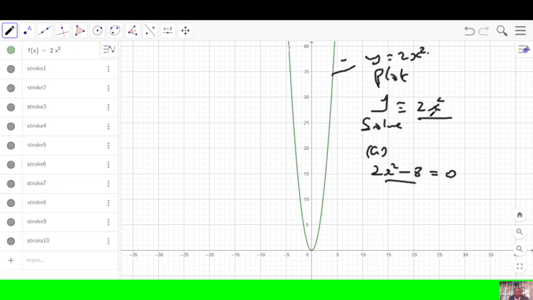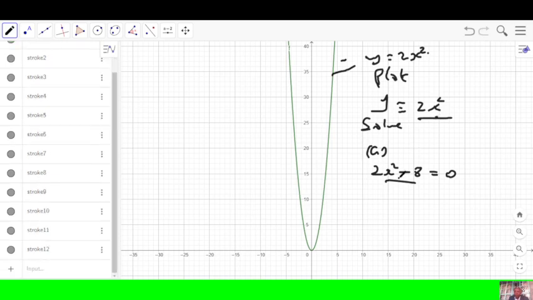If that's the graph of y equals 2x squared and we have to solve this, then the question is how can we ensure that we get values that this equation can solve for 0, because this is 0.